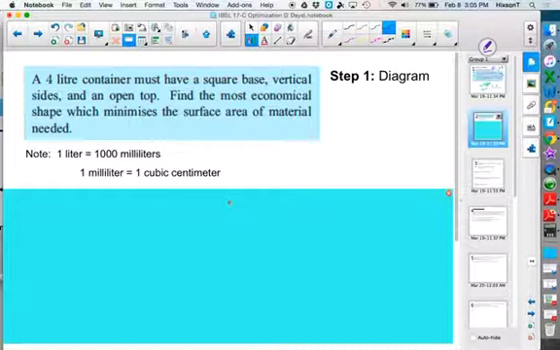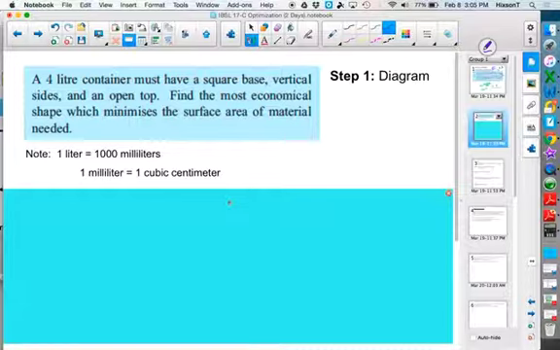And it says, find the most economical shape which minimizes the surface area of material needed. Okay? So the most economical shape. In other words, like it describes here, we want to minimize the surface area. That's going to be the most economical because to build this thing, the less surface area we have, the less material we have to use to make it.